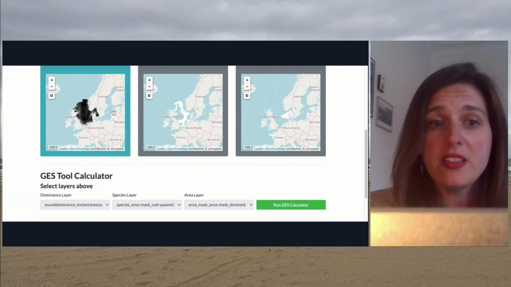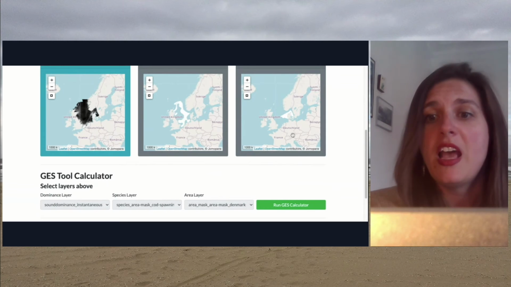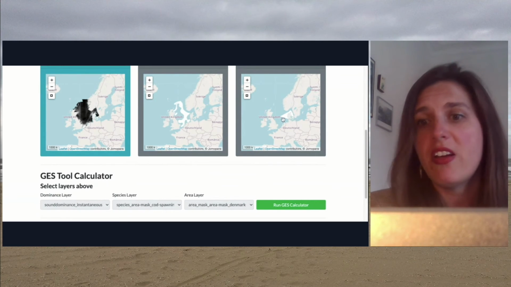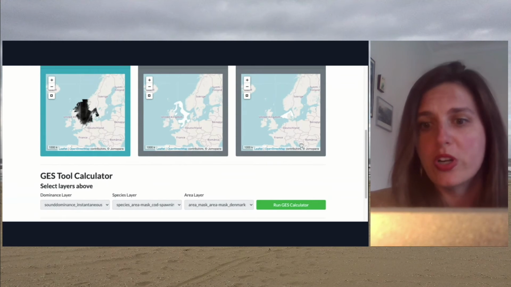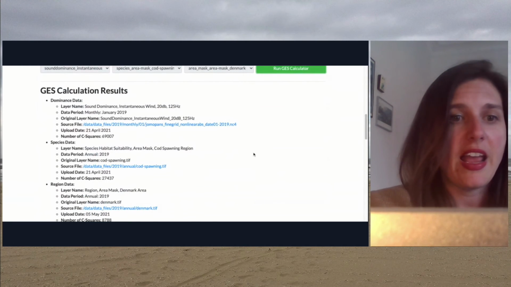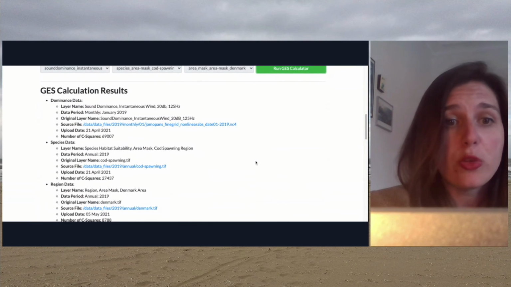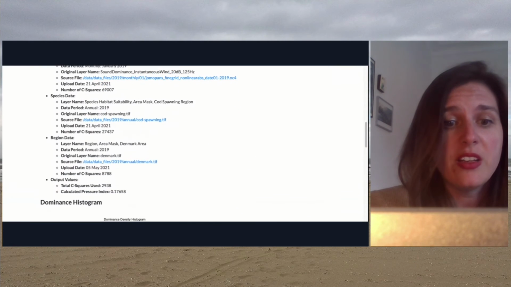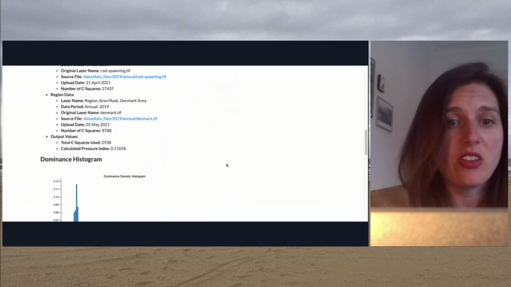We have our dominance map over here, our cod spawning map right in the middle, and then all the way to the right is just the area of Danish waters. And so we can run the calculator, and it gives us information about all three of the layers that we included in this calculation.